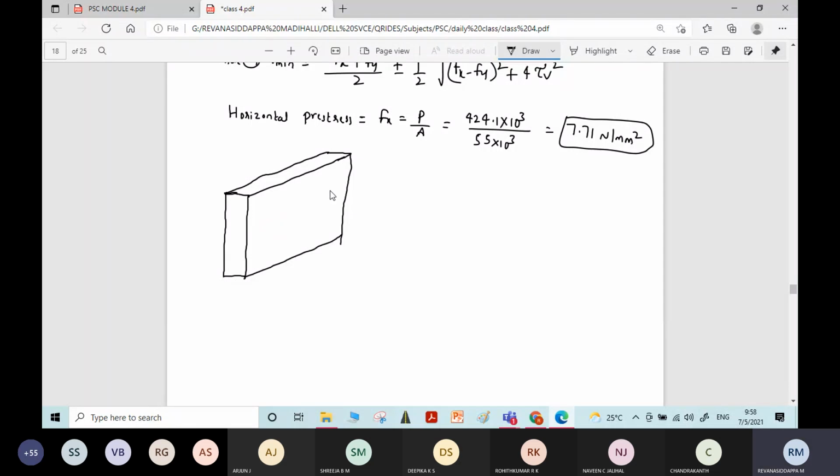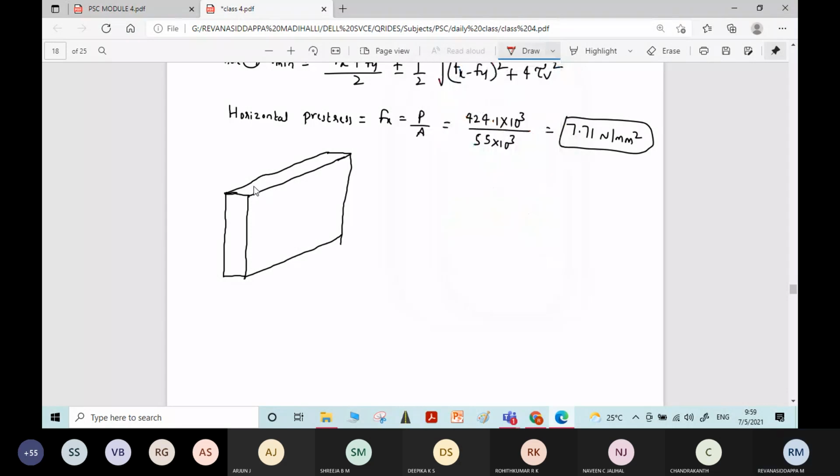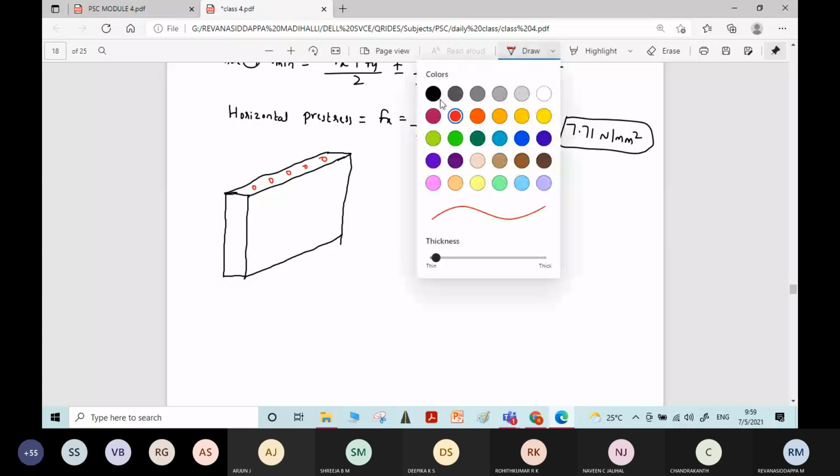So in the problem, it says there are 5 mm diameter bars placed at 150 mm center to center all along the length of the beam. Like this. So this spacing is 150 mm.